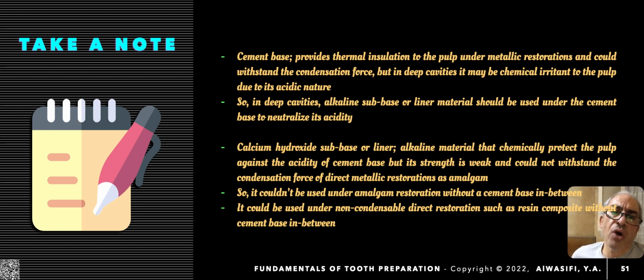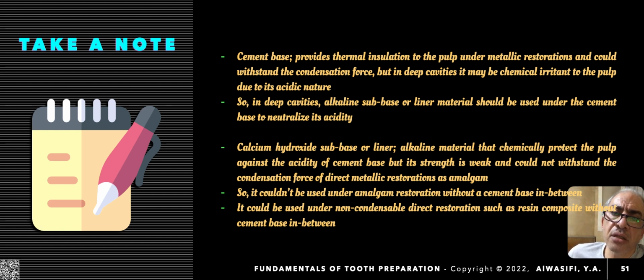That's why when you are going to restore your tooth with metallic restoration, such as amalgam, you are in need in deep cavities of a sub-base and a base. The sub-base counteracts the acidity of your base, and the base material protects the pulp against mechanical and thermal irritation.